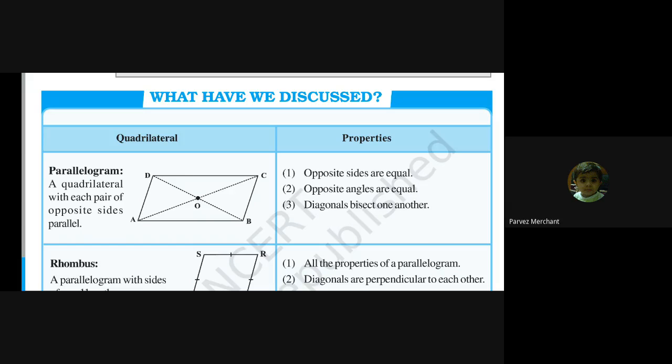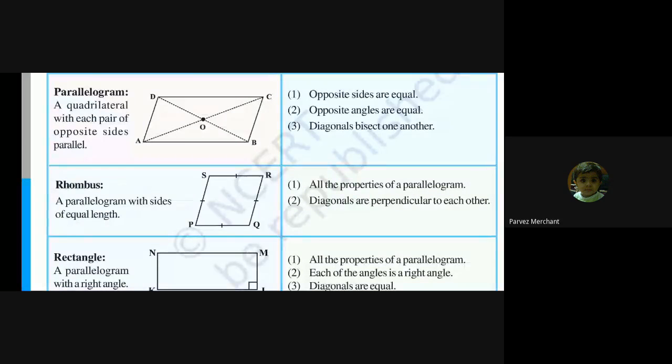Now rhombus. What is the meaning of rhombus? A rhombus is one type of parallelogram, but with four equal sides. So here we write all the properties of a parallelogram, and the diagonals are perpendicular to each other. What is the meaning? In a parallelogram, the diagonals only bisect.